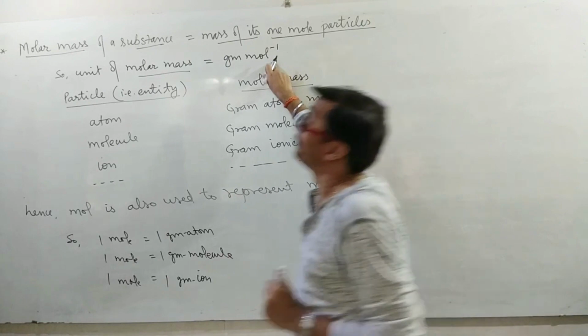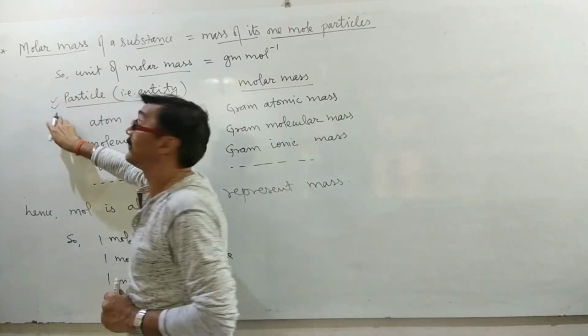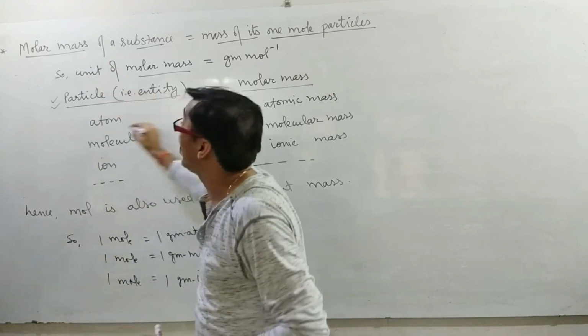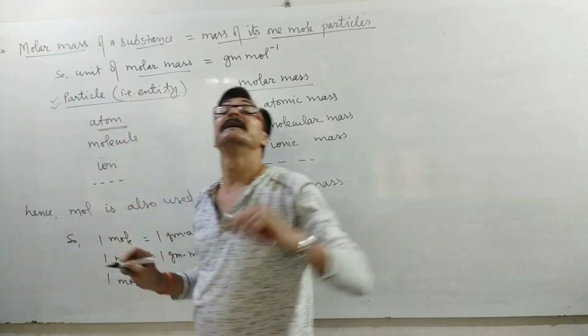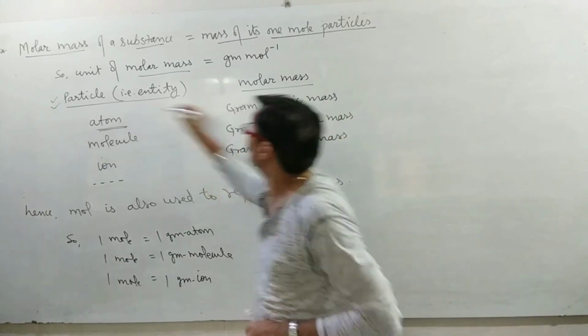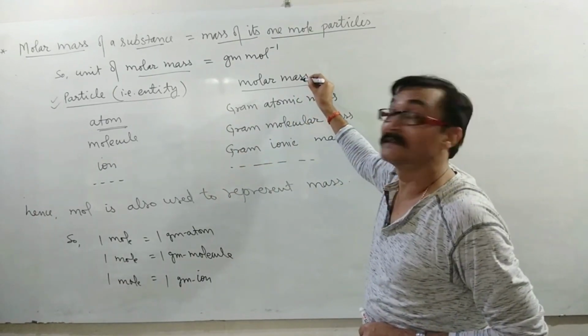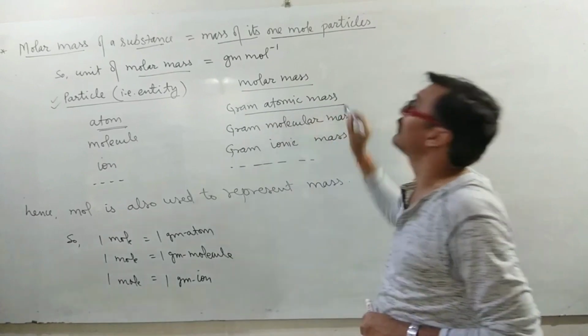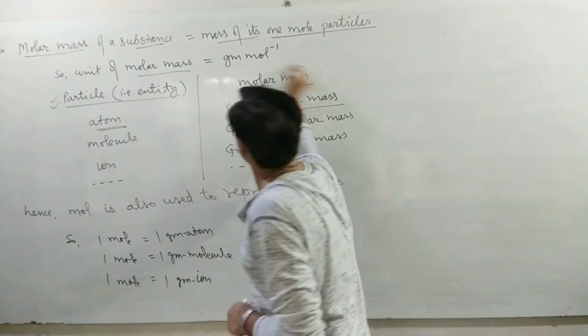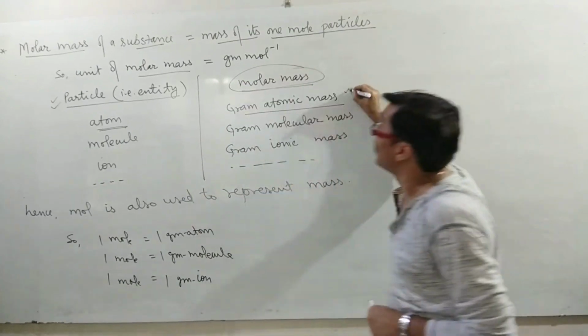But remember, if the constituent particle or independent particle of the substance is an atom, as in case of elements, then molar mass is called gram atomic mass.